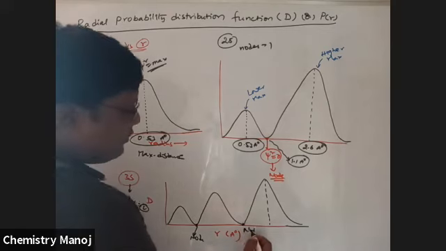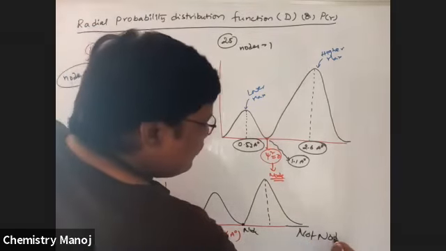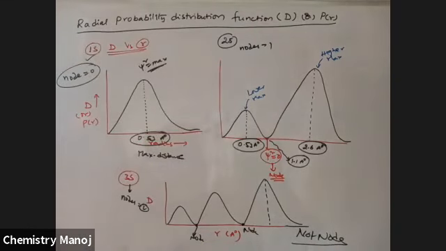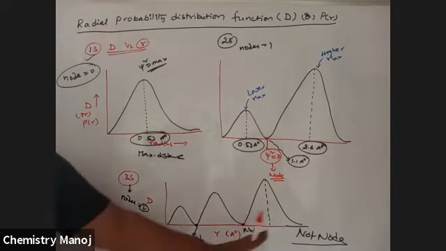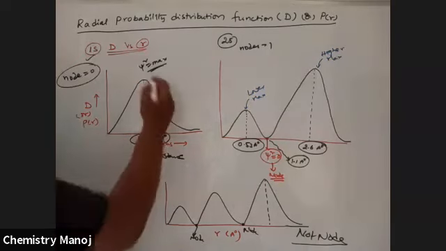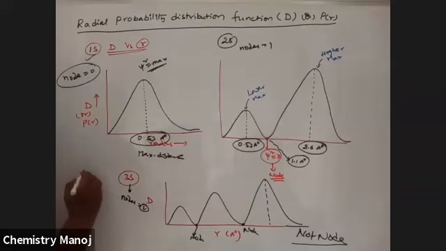This is a node. Here it is not a node, because it is not touching the 0 point. That means psi square does not become 0. So my dear boys, here you can also see these curves go only in the positive direction, because the D function is nothing but psi square, 4 pi r square dr psi square.